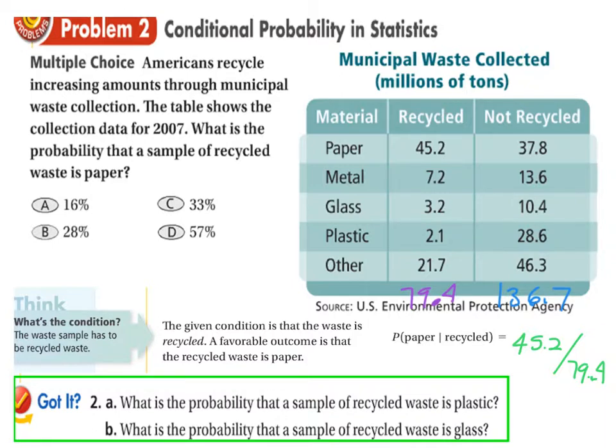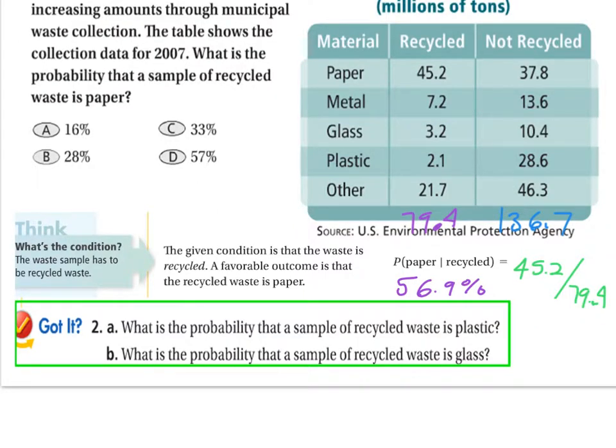And so we divide the two, the 45.2 by the 79.4. We end up with about 56.9% for that one. So again, the probability that a sample of recycled waste is paper, we're talking 56.9%.